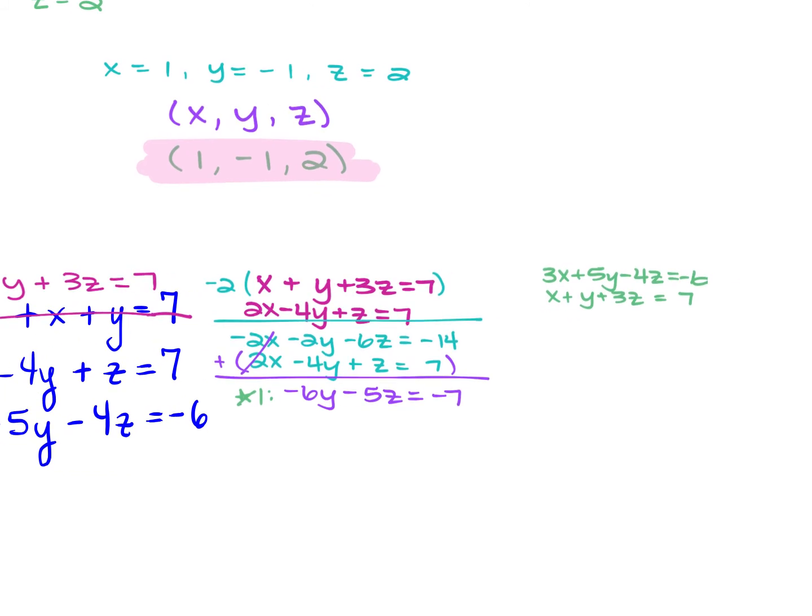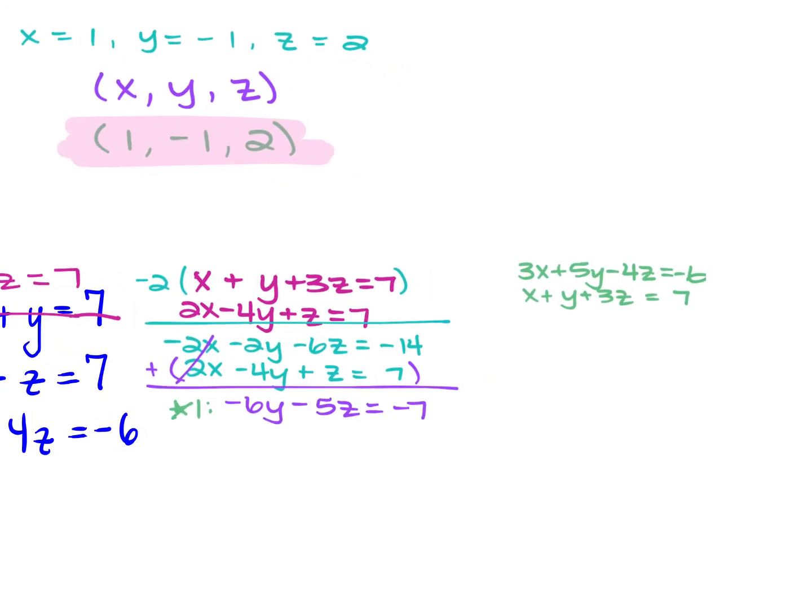You need to eliminate your x's because you eliminated the x's from the first 2 that you worked with. So in order to do that, we can multiply the bottom by negative 3. The top is going to stay the 3x plus 5y minus 4z is equal to negative 6. The bottom turns into negative 3x minus 3y minus 9z is equal to negative 21.